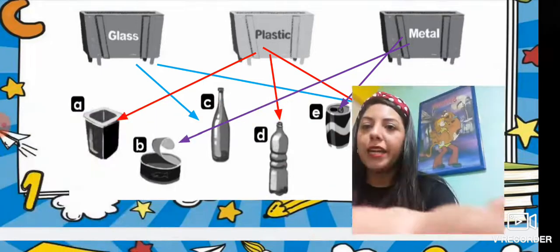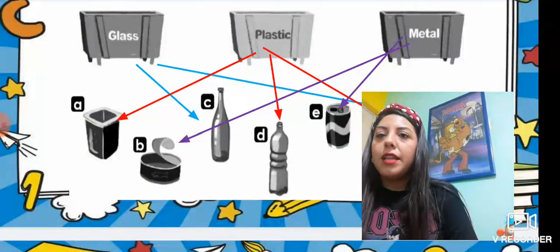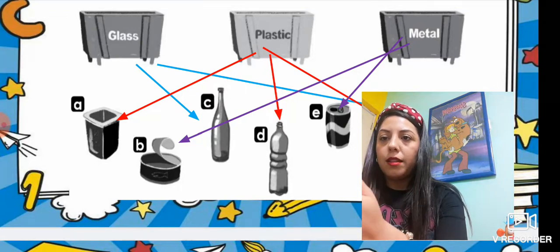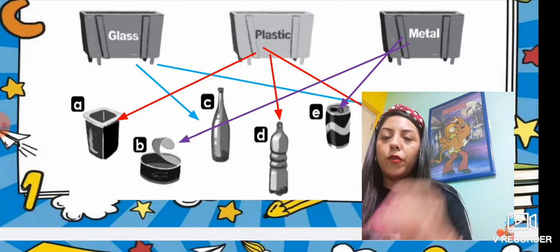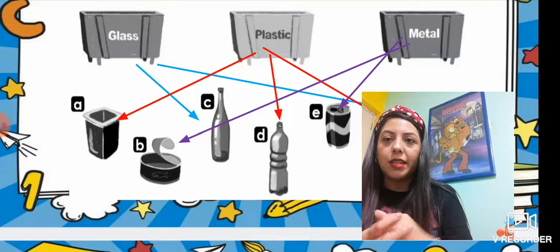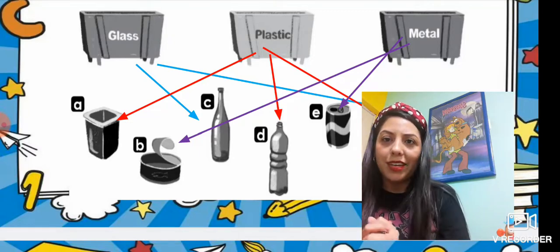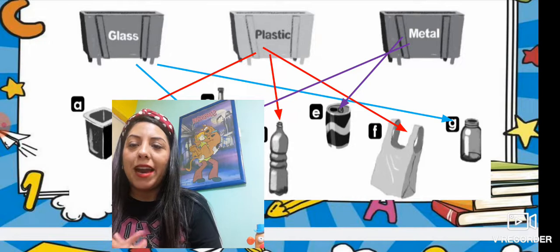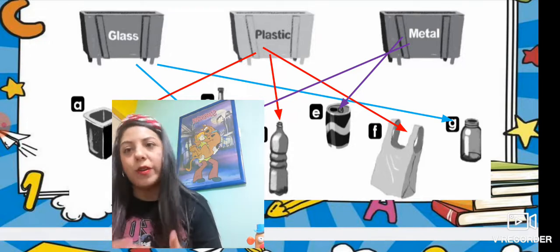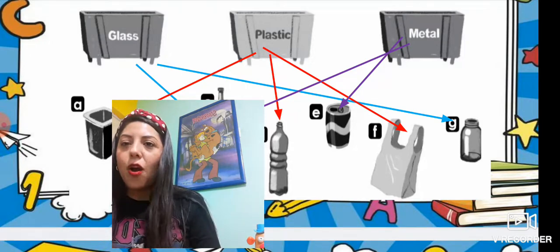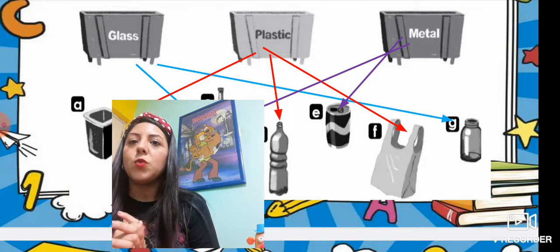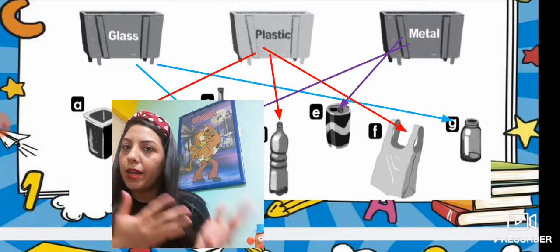If you see right here, the plastic is, for example, the box. It's a container. It's made of plastic. Also, the bottle is made of plastic. And the bag, it's a plastic bag. So it's made of plastic. Also, we have different objects here. In metals, we have a can made of metal.